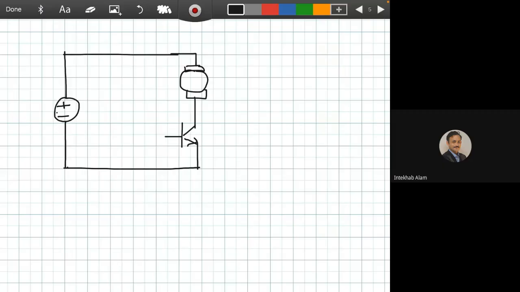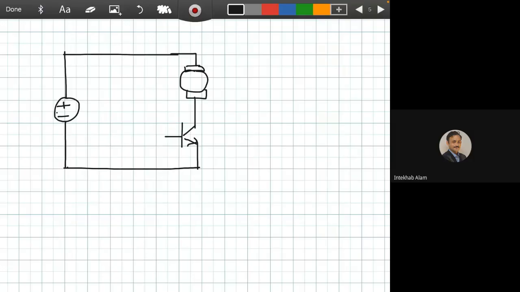Okay, so Rakibul Islam, just start with us with some important information. Which element actually suppresses this rate of change of voltage? One is capacitor and the other is inductor.